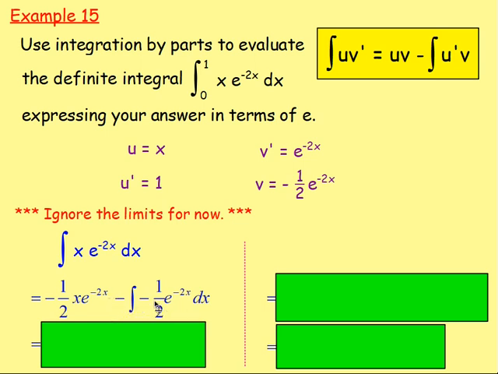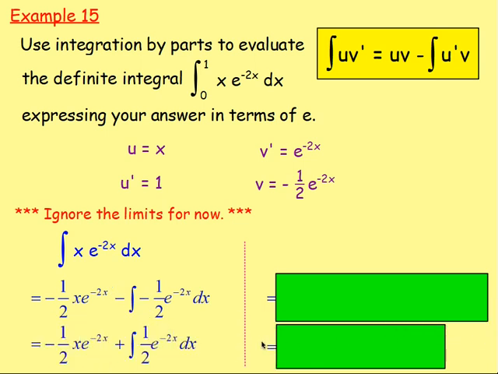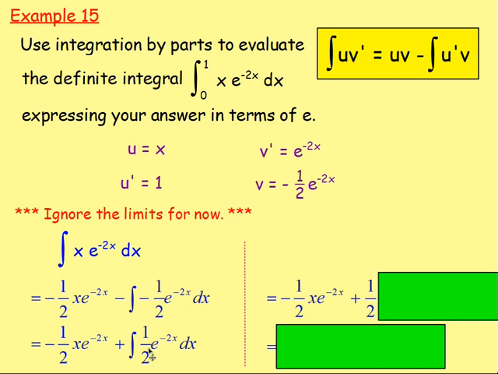Once again, you're looking at this and you're thinking, two negatives, what does that make? You got it. And then from there, you can integrate. So the first part will stay as negative 1/2 x e to the power of negative 2x plus 1/2 will stay as 1/2. Again, we're integrating e to the negative 2x, but we know if we integrate e to the power of negative 2x, we just did it here, then you would get e to the power of negative 2x, but you divide by negative 2.